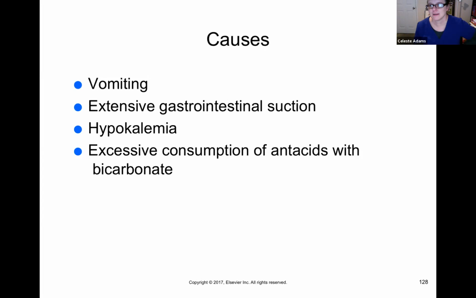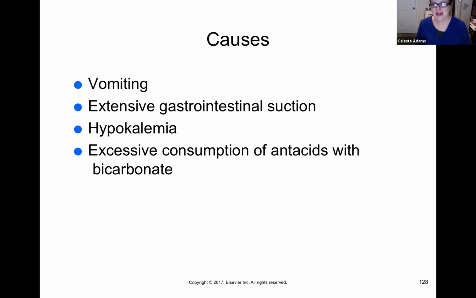Your GI tract may do too good of a job of absorbing the bicarb ions. When a patient is being suctioned for a GI reason, the intestinal tract may overproduce bicarb.